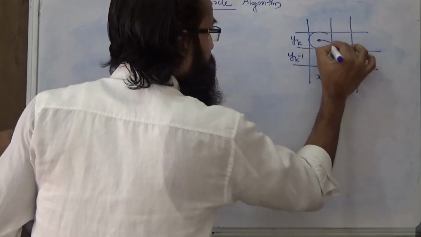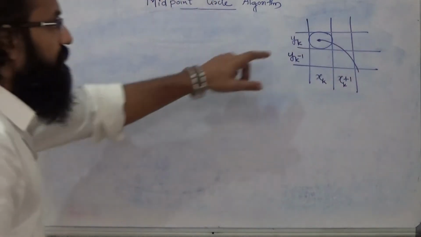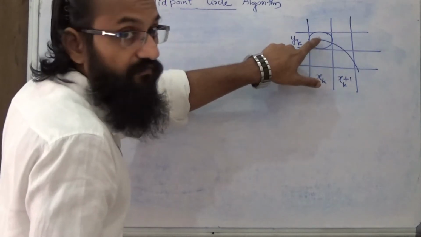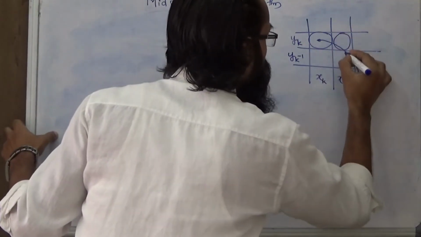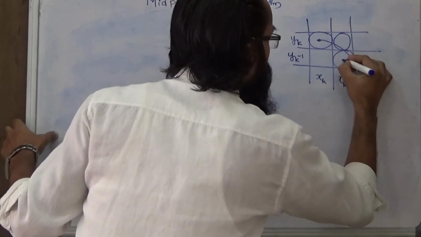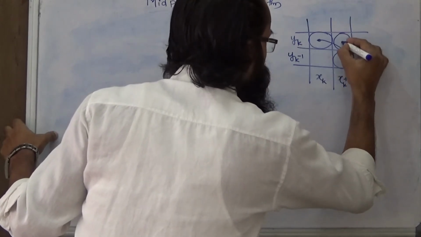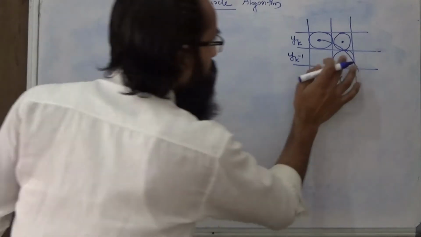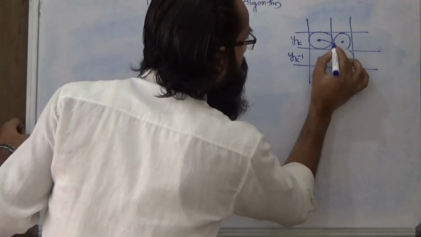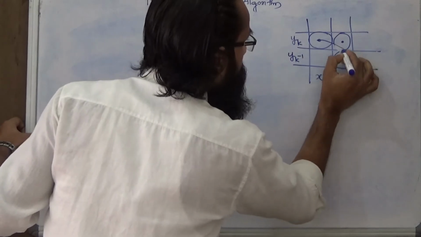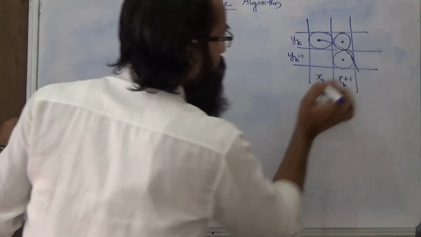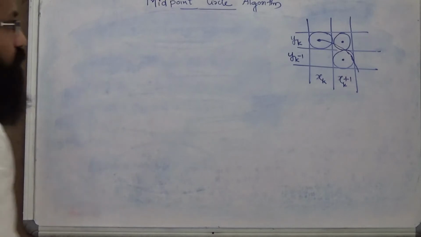At the kth step, assume that you have plotted this pixel, that is xk, yk. At the k plus 1 step, you have two possibilities.